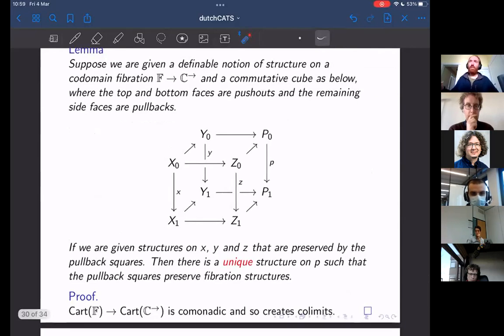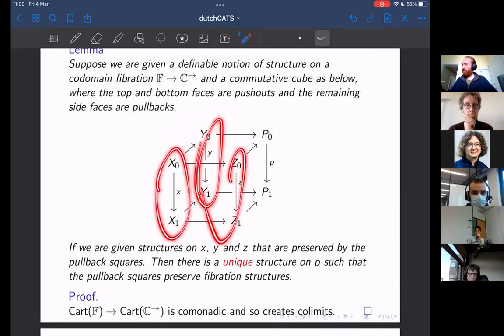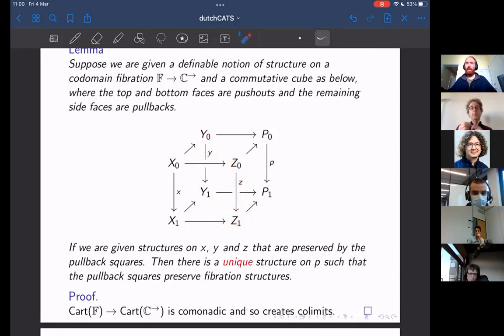If we apply this to push-outs and codomain fibrations, we can explicitly read off what this is saying. If you have a cube where all the side faces are pullbacks, and the top and bottom faces are push-outs, and we're given structures on these maps, then we can glue them together in a unique way to get a structure on this one.